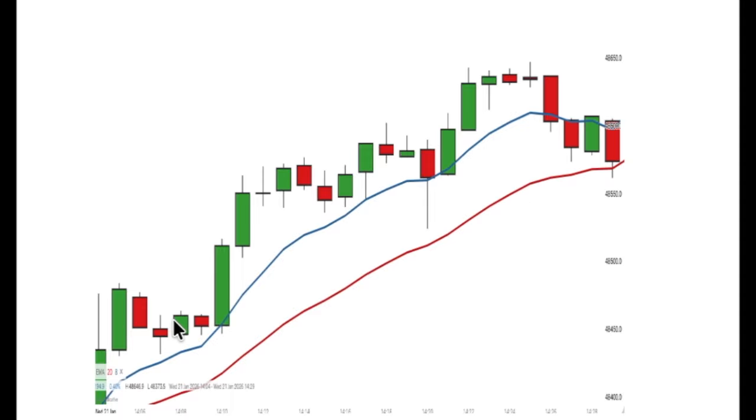Effectively, I'm looking for the price to make its way to the river of value, for it to put in a wick on the open of the next candlestick, go the color that I want the candle to be in the trade, and then I enter. So that would have been an entry here, stop down the bottom here, and long. That's exactly what I'll be looking for.